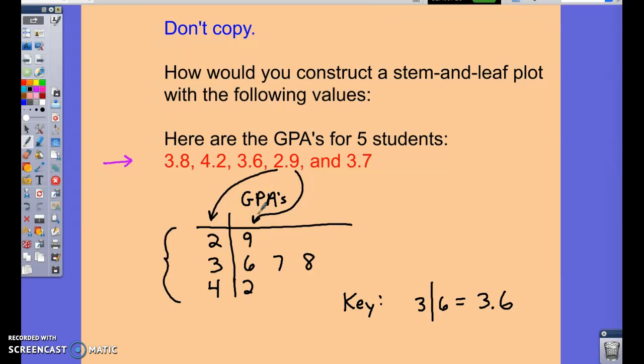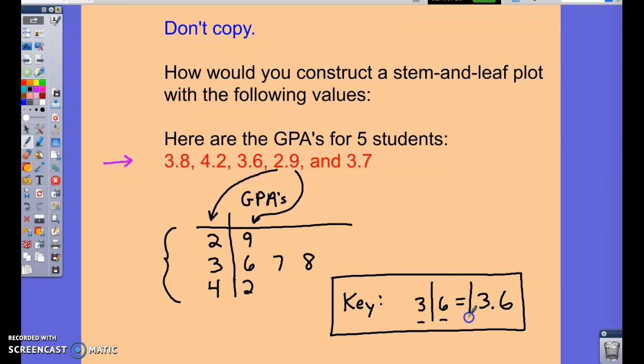And again, the key is the key to understanding how to interpret this. If you take a look, I have a 3 right here representing a stem, a 6 representing a leaf, and I'm indicating that interpreting the graph means that it's representing the data value 3.6, and that data value is shown right here, okay? And again, that ties in with this GPA average right here.